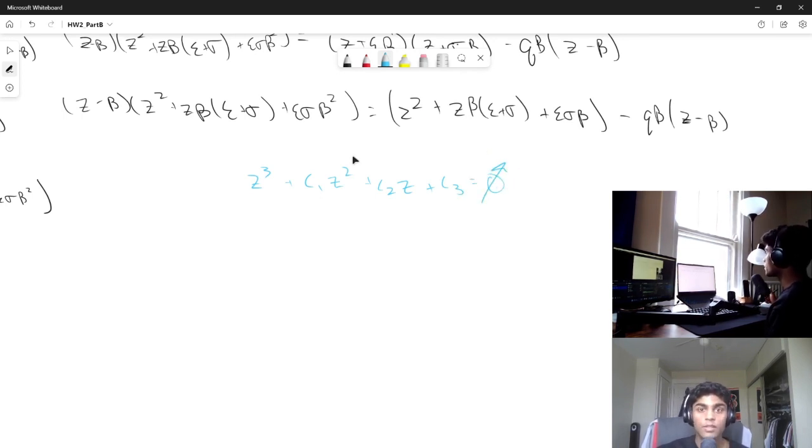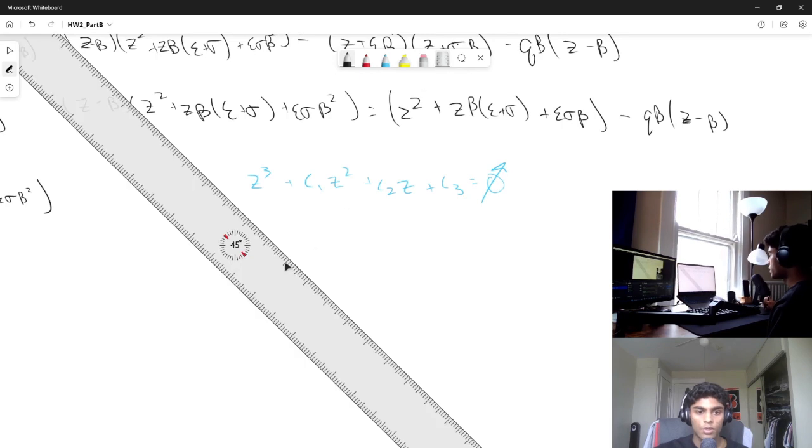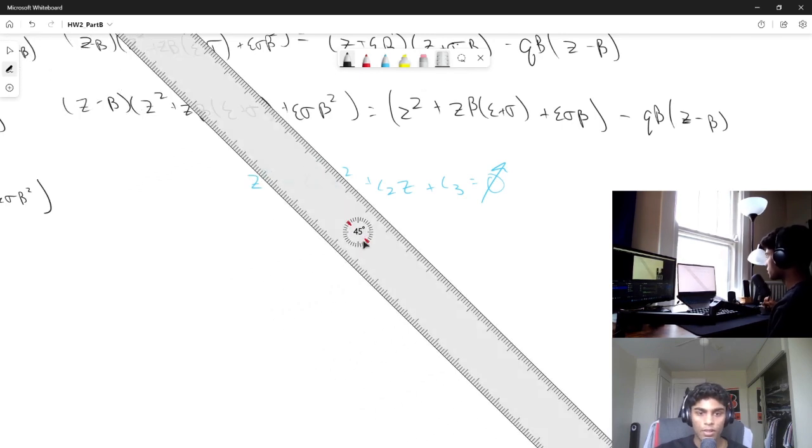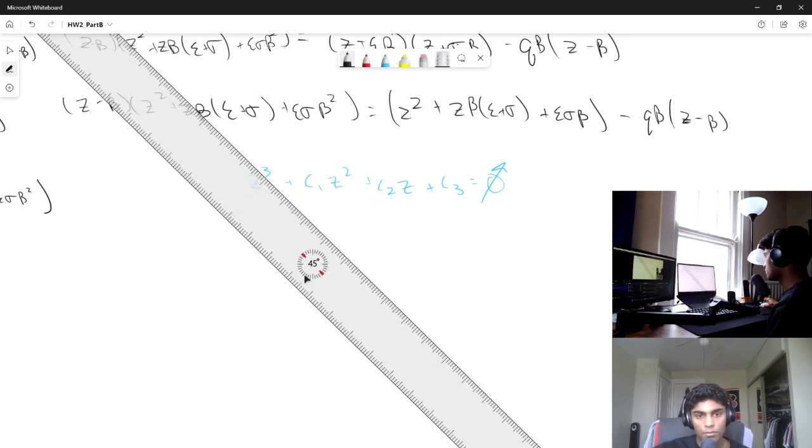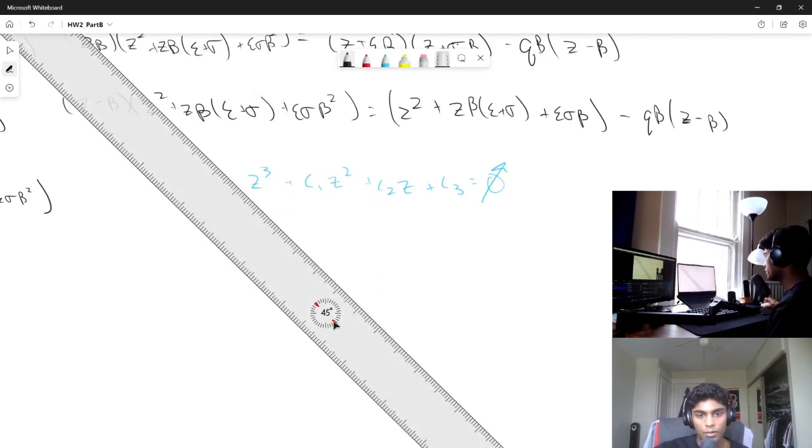So that's our general cubic form right here. And so in order to try and simplify this down into the cubic form, what we can do is we can create a table of sorts, right? So I'm just going to use my ruler here, just get some straight lines. How do we change the angle on you?